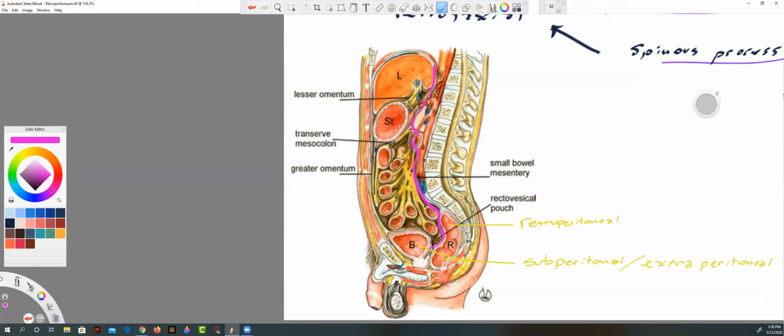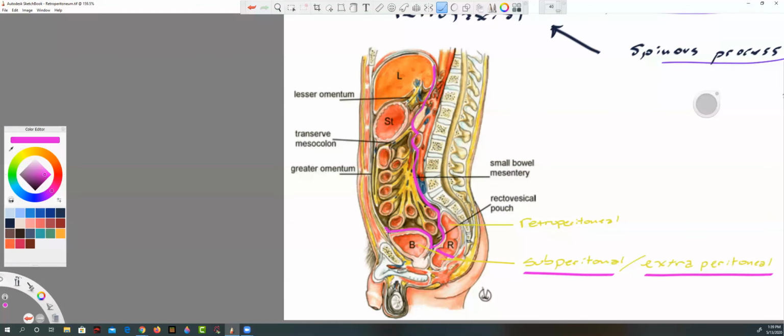The last part of the rectum down to about this level, and the bladder, are subperitoneal, because if we follow along and do this peritoneal cavity to here, now we're not retroperitoneal because we're not behind the peritoneum, although we're still outside of that cavity. So we can call it subperitoneal, or I've also seen it written as extraperitoneal.